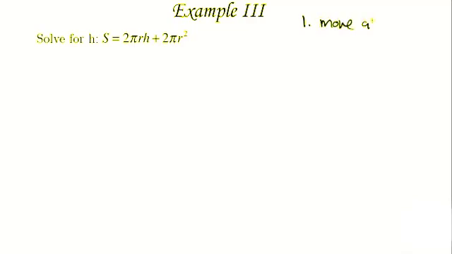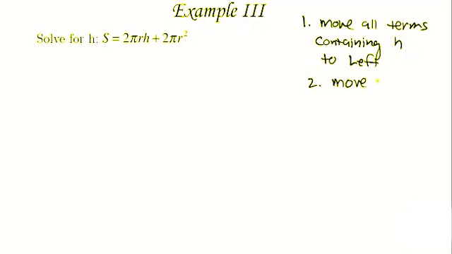So I'm going to move all terms containing h to the left side. And I'm going to move all the other terms to the right side. So I'm going to move terms containing other variables and numerical terms to the other side.